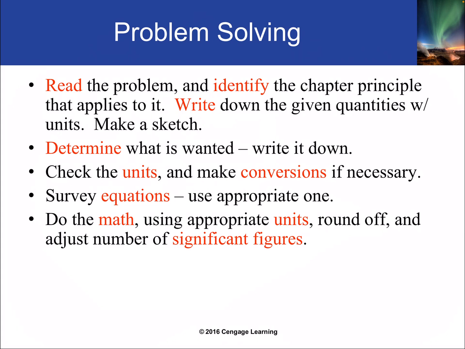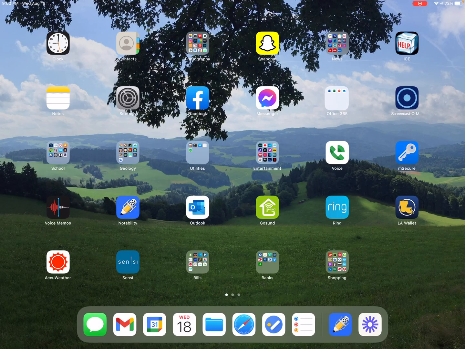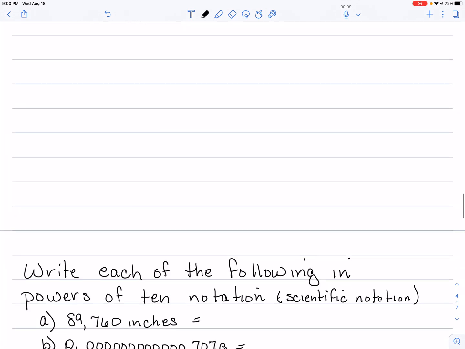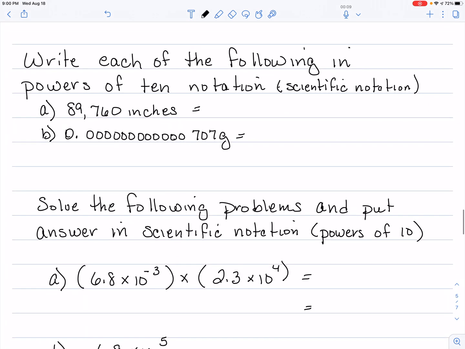Okay, let's do a little bit of scientific or power of 10 notation practice. So let me switch over to this other program. And you're going to be asked to write this in powers of 10 or scientific notation. So remember, we have to be between 1 and 9.